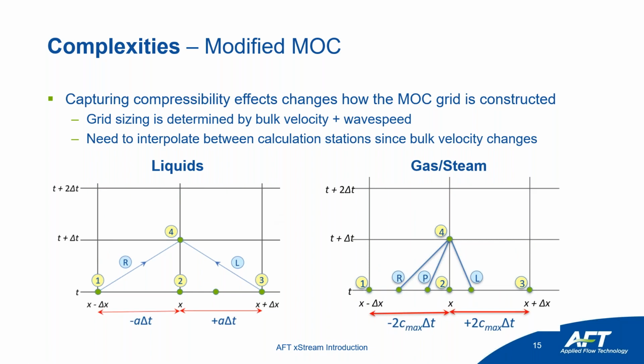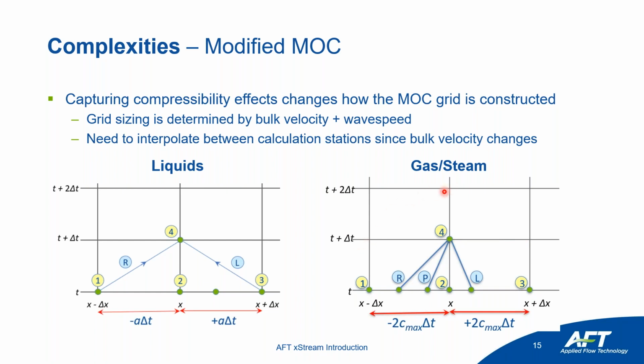However, with gas and steam, because we're also considering the velocity, the points that we're referencing may not fall neatly on our grid. So what we have to do instead is some calculation for interpolation to determine what our property, what our result, is at this point. That gives us then a new grid.